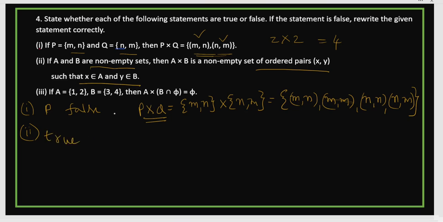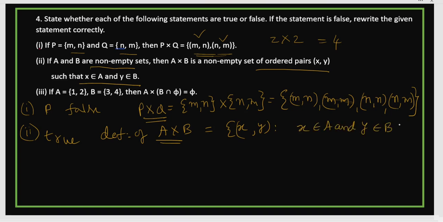This is the definition of A cross B: A cross B is the set of (x, y) such that x belongs to A and y belongs to B. By definition, we get the ordered pair (x, y). This is how you define the Cartesian product of two sets, right?